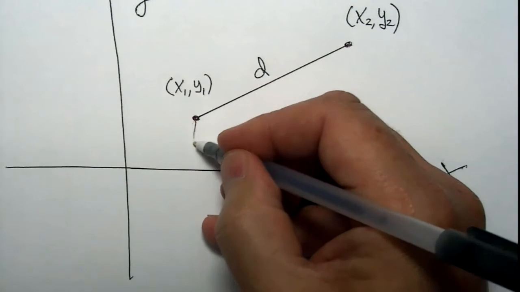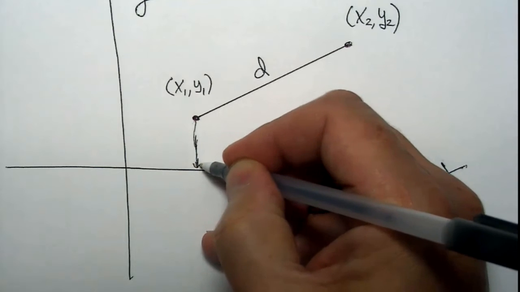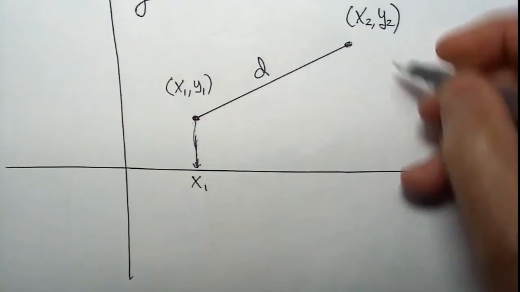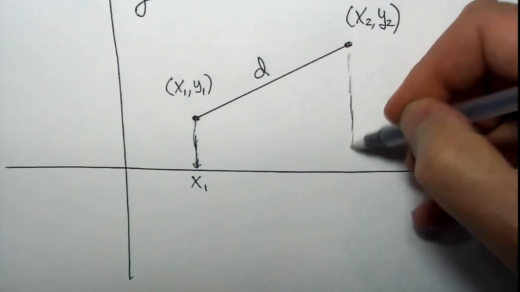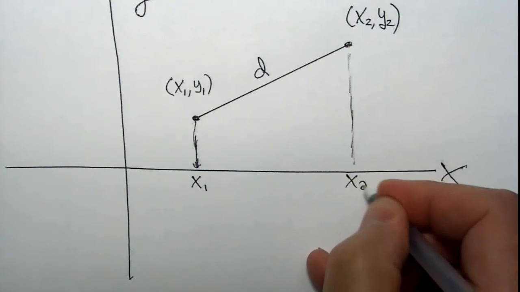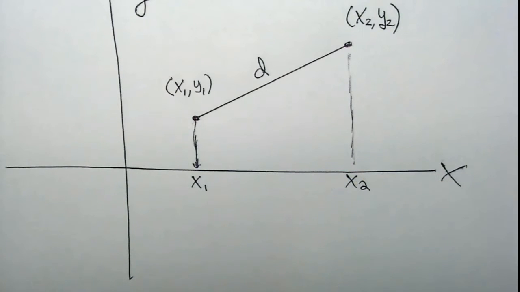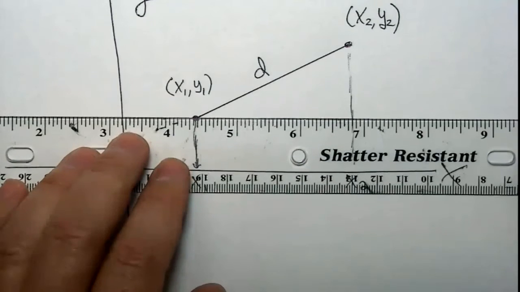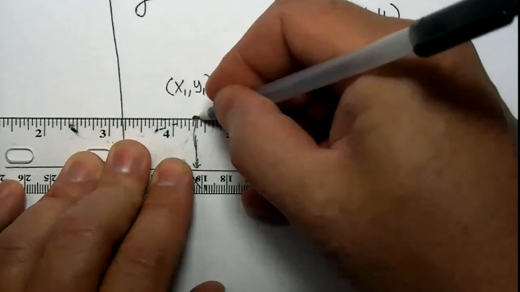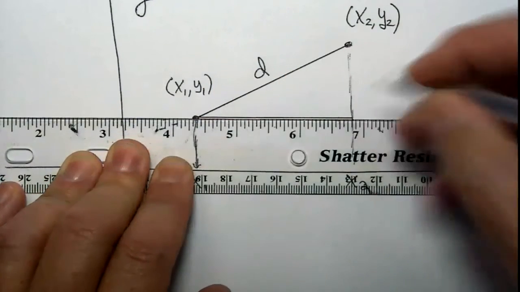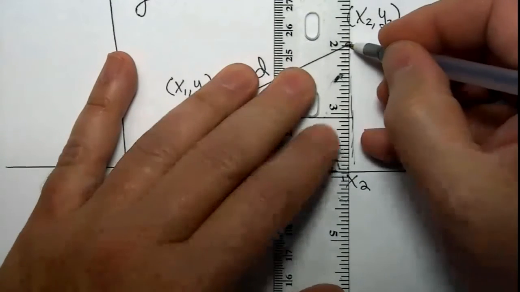So naturally, if we look down to the x-axis, we should be looking down here at x1, and if we look down here, we should be looking at x2, and in fact, I'm beginning to see a triangle right now that's resolving itself with this vertical and horizontal line.